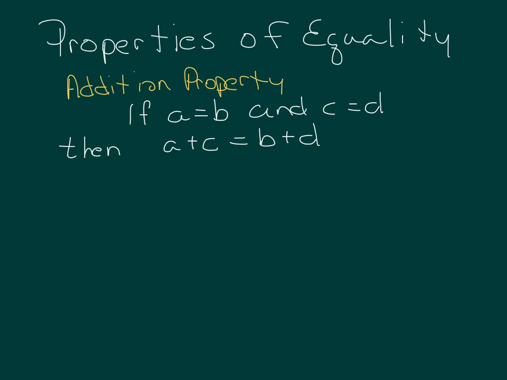If we want to think of a geometric way to look at that, if the length of segment AB equals the length of segment CD, then we can say that segment AB plus segment EF equals segment CD plus segment EF. We just added the same thing to both sides.